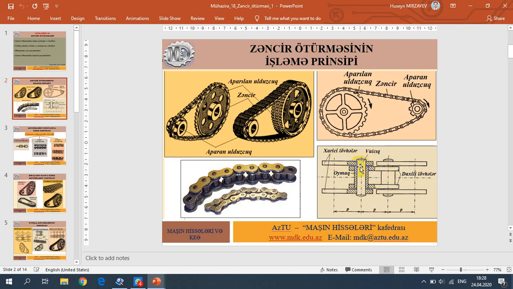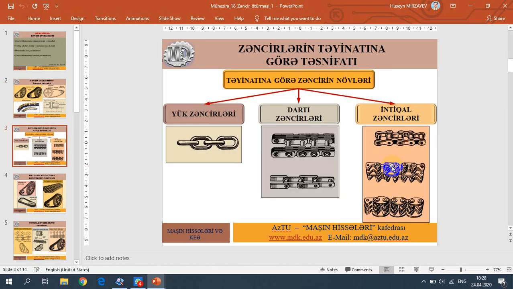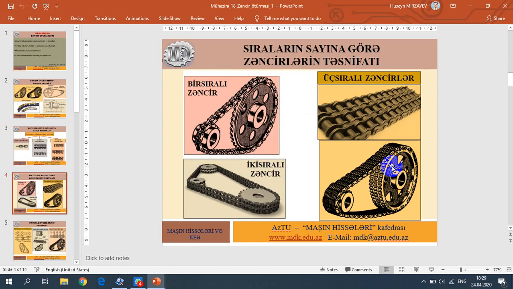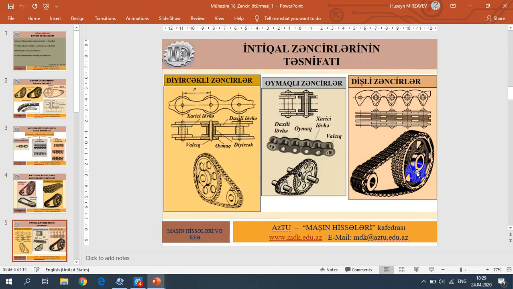This is the axis of the chains and pins of the chains, or inner links and outer links. Classification of the chain according to its applications. Also in this figure, this is simplex chains, duplex chains and triplex chains. This one is silent chains.